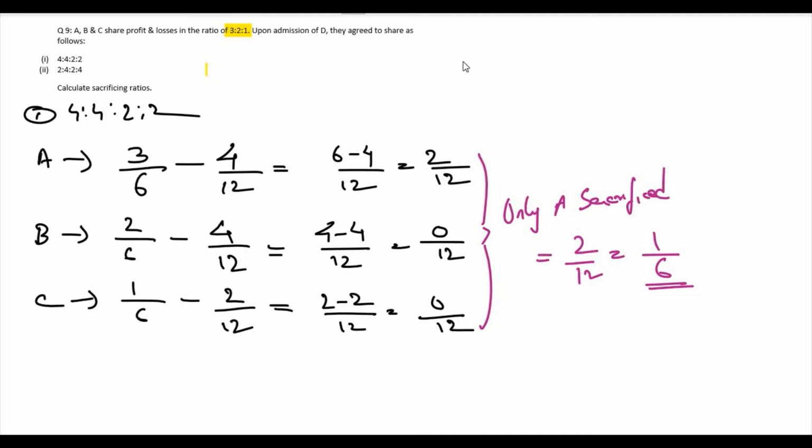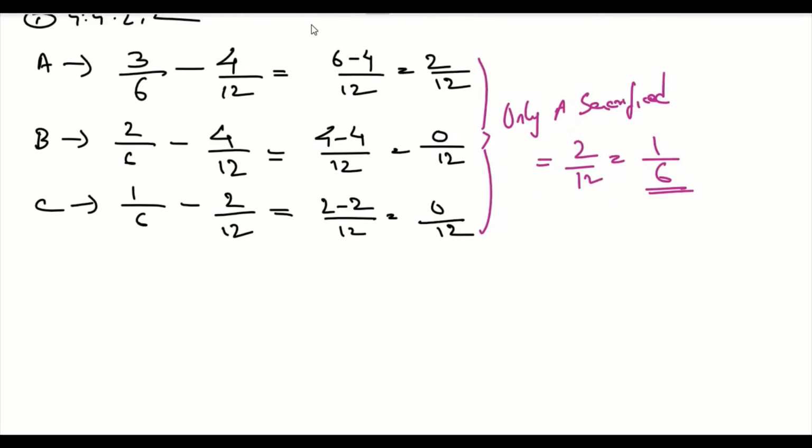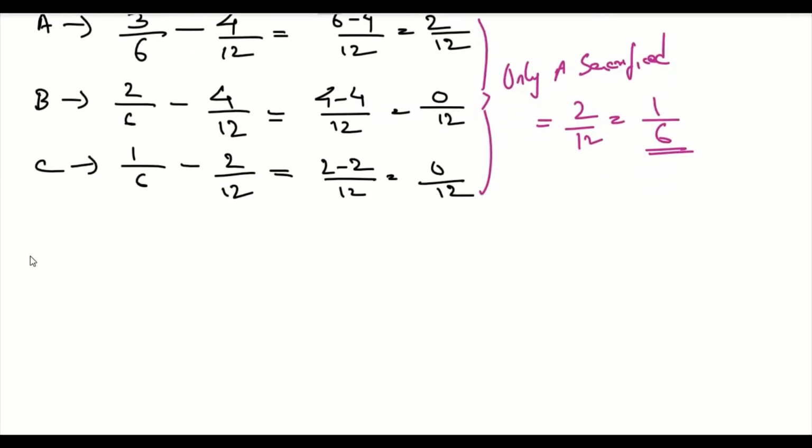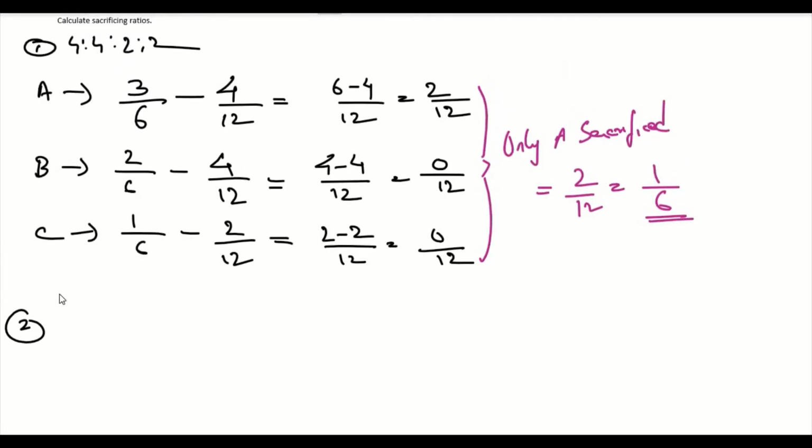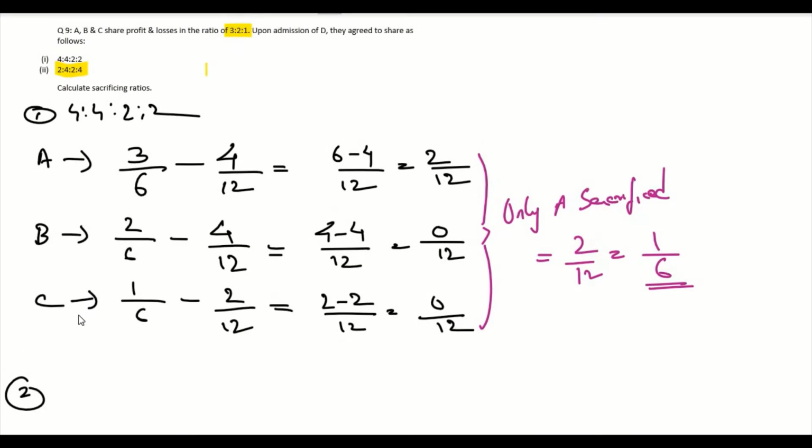Okay. Then we have our second problem, where the new profit sharing ratio is 2:4:2:4. The original share is 3:2:1.